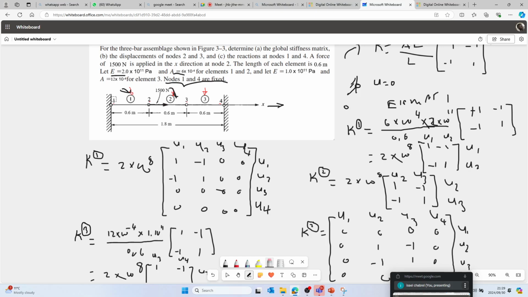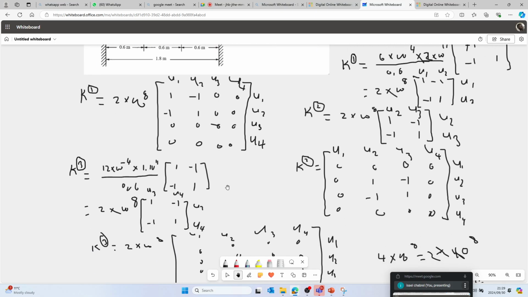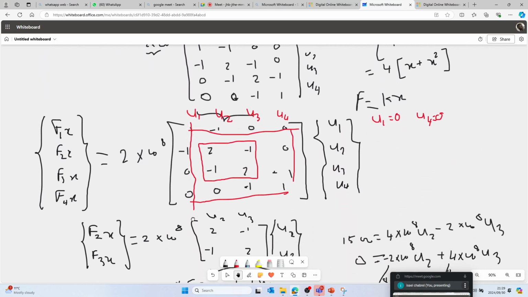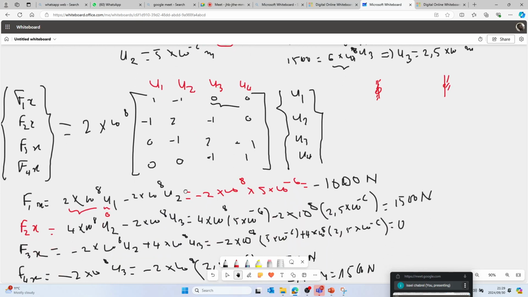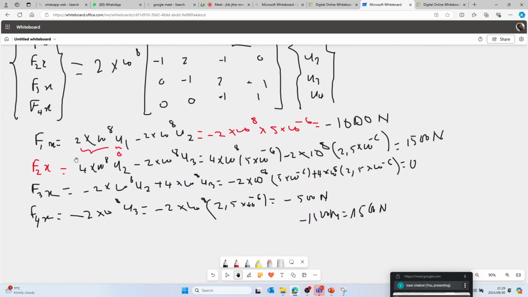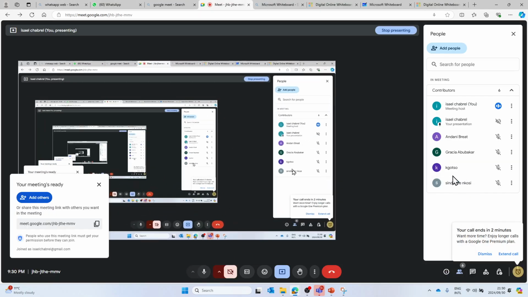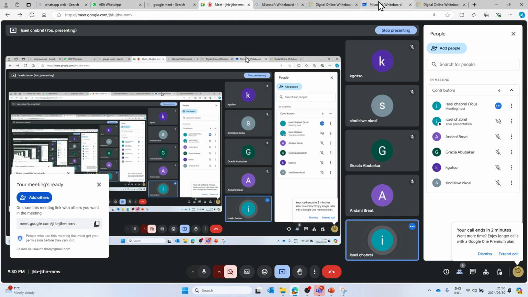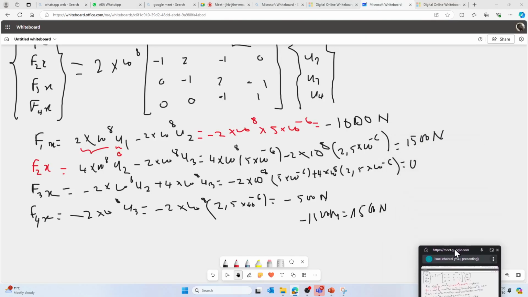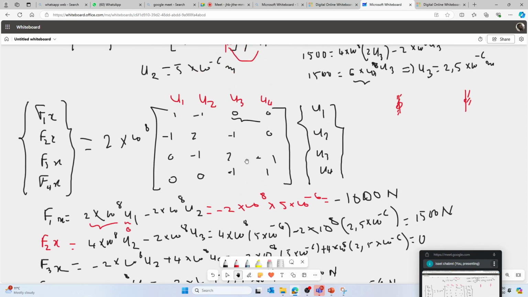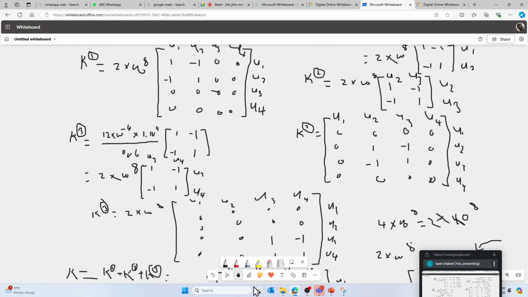It means the reaction forces at 1 and 4. It actually makes sense. Why am I saying that, guys? 2 minutes left. Let me explain it quickly. The only force applied under this system is 1.5.